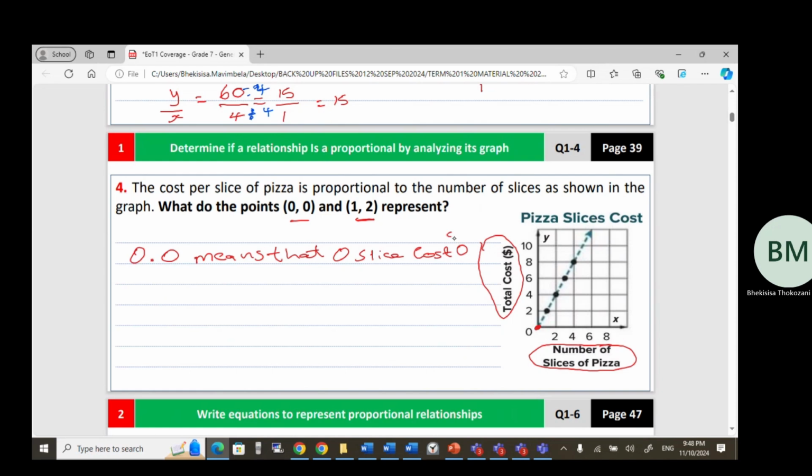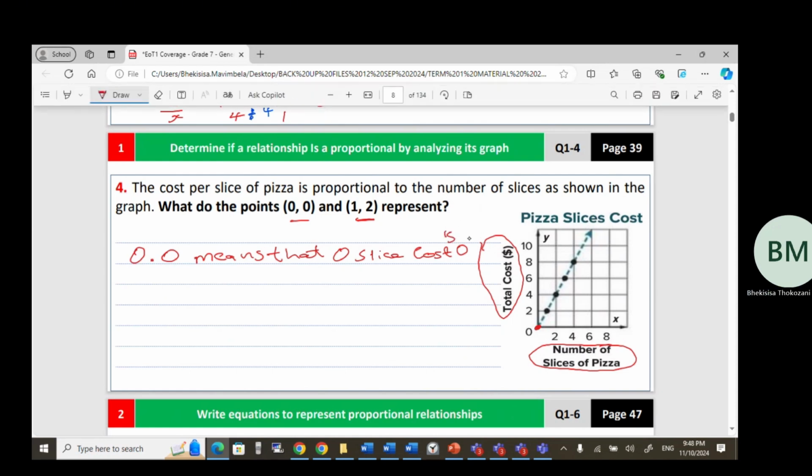Okay, it costs $0. Okay, 0 slice costs $0.